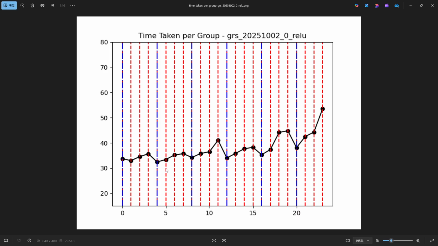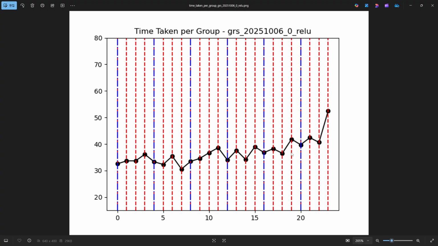When it's 0 or 10% or 20%, the procreate event ratio does not really seem to have an impact on increasing the time taken. But when it's above 30%, for example 40 and 50, it does increase the time taken. It does increase the time it takes, the time required to finish the run. Same here.